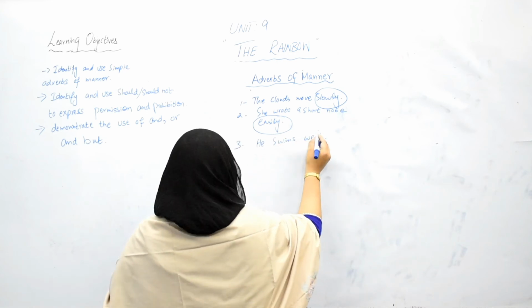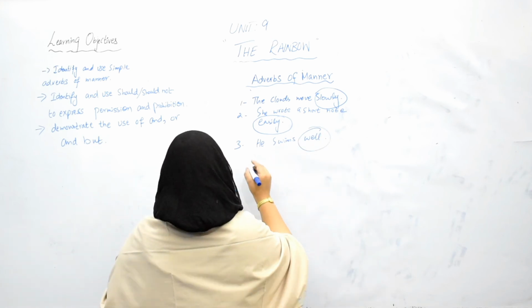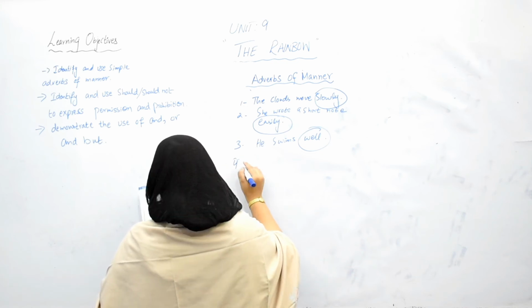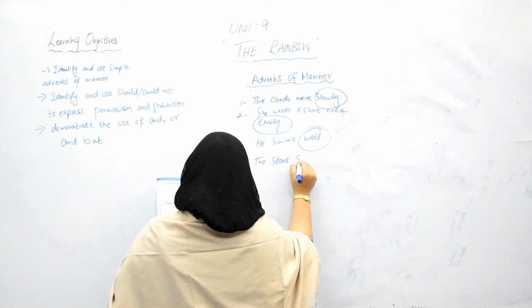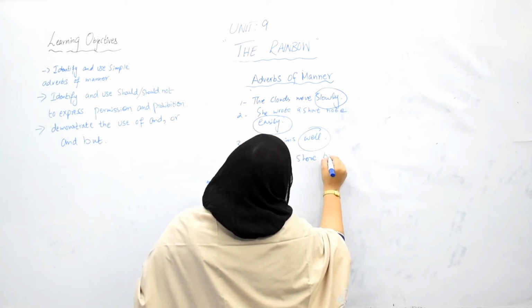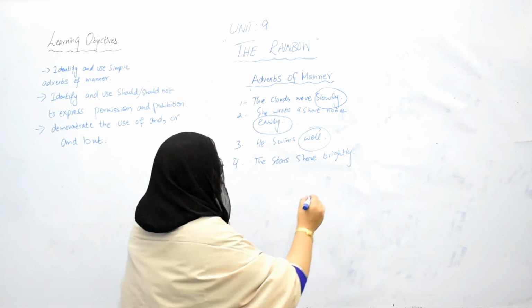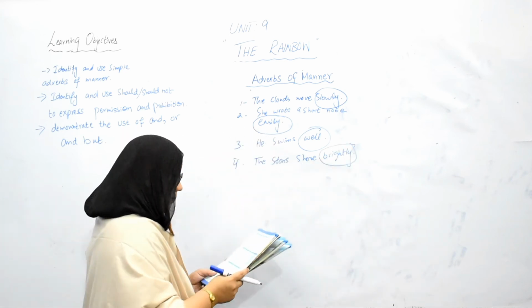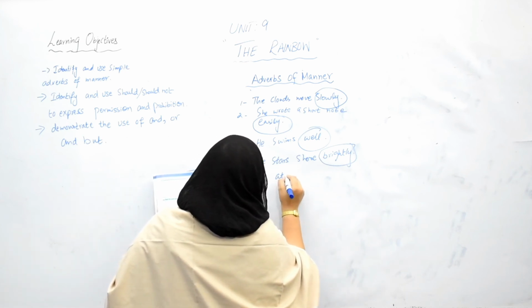Well is the adverb of manner. Number 4, the stars shone brightly. In this case, brightly is the adverb of manner. Number 5, we ate quickly.